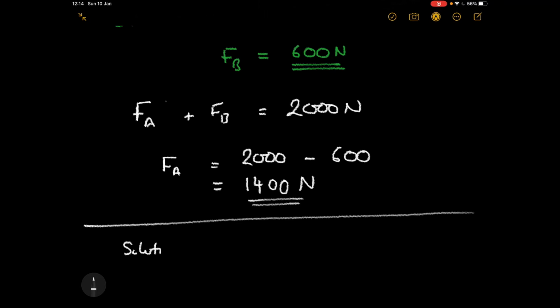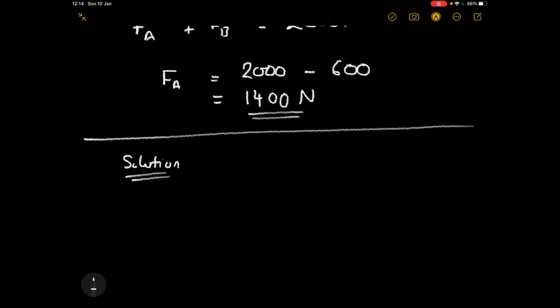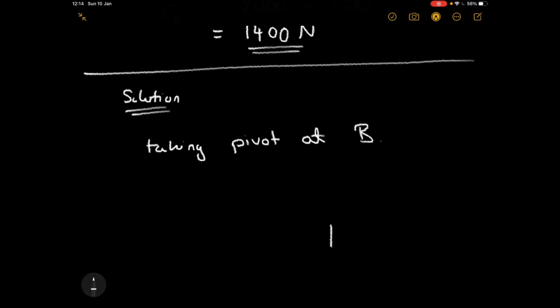Well, let's see the solution. So in this case, we're taking moments. We're going to imagine our pivot at B. I'm just going to redraw it very quickly.